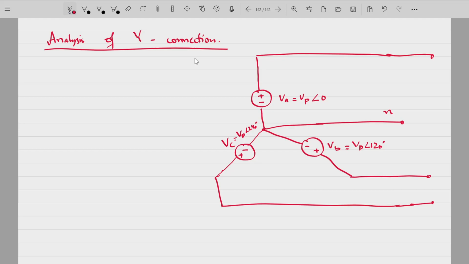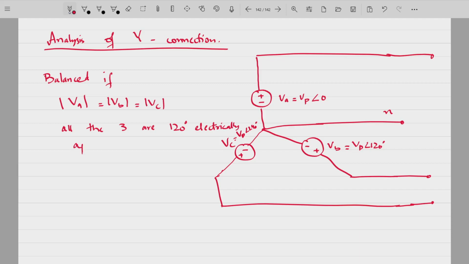So a three-phase system is said to be balanced if the magnitude of VA is equal to magnitude of VB is equal to magnitude of VC, and obviously all the three will be 120 degrees apart from each other. 120 degrees electrically apart, ठीक है?